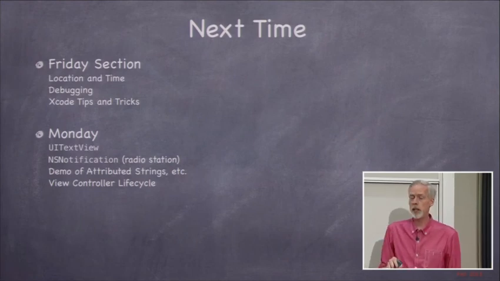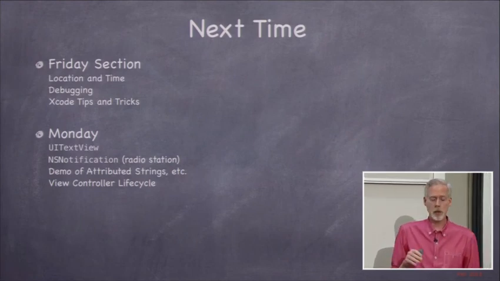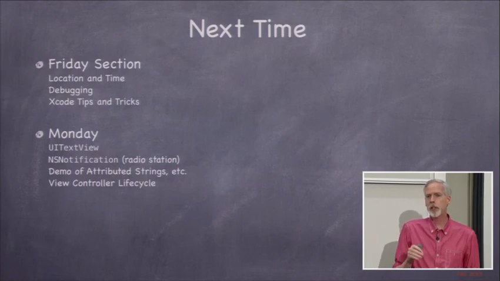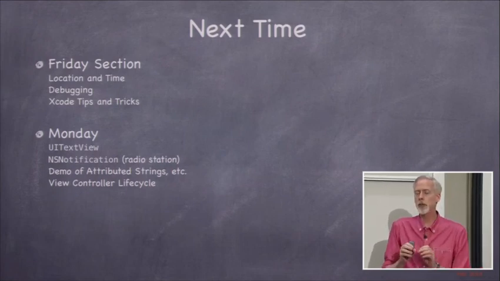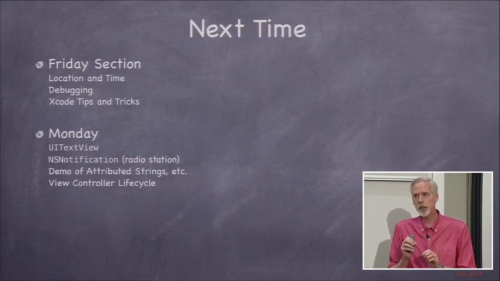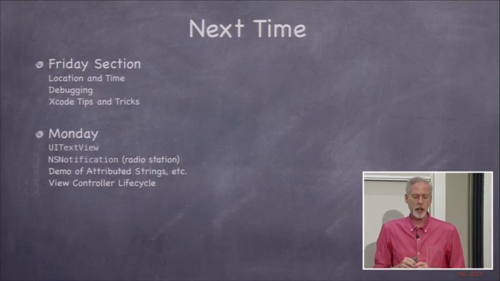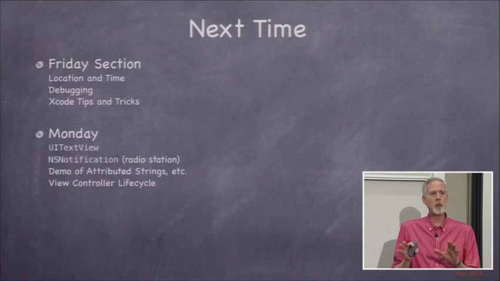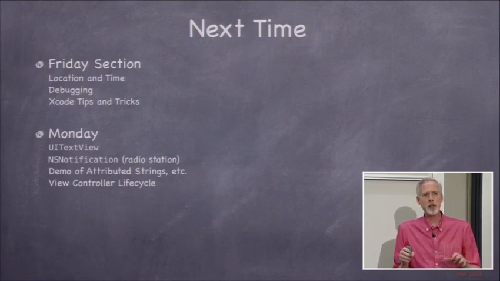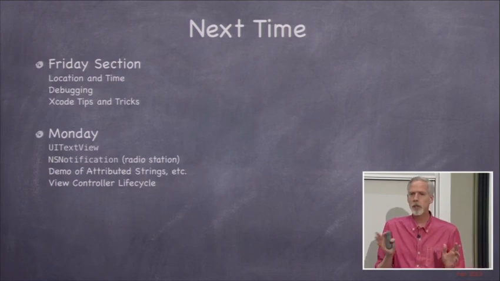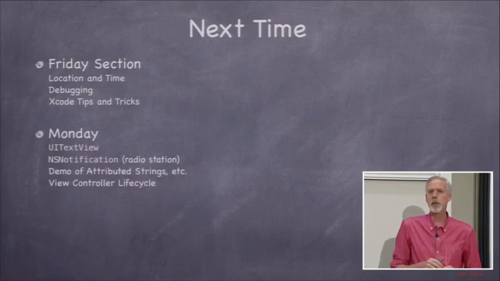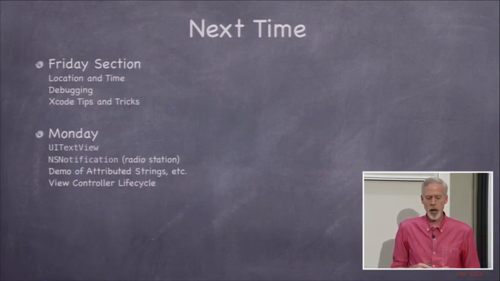There are some new debugging things for iOS 7 that are pretty cool. We'll get to a couple of them. And we're also going to talk about Xcode tips and tricks. So command key combinations that are really valuable to have, how to set some preferences up to make your experience a little nicer. So it's totally optional. You don't need to go there. A lot of you know Xcode. You're probably used to debugging, at least in other languages. So if you miss it, it's not going to be the end of the world, but it might be valuable.